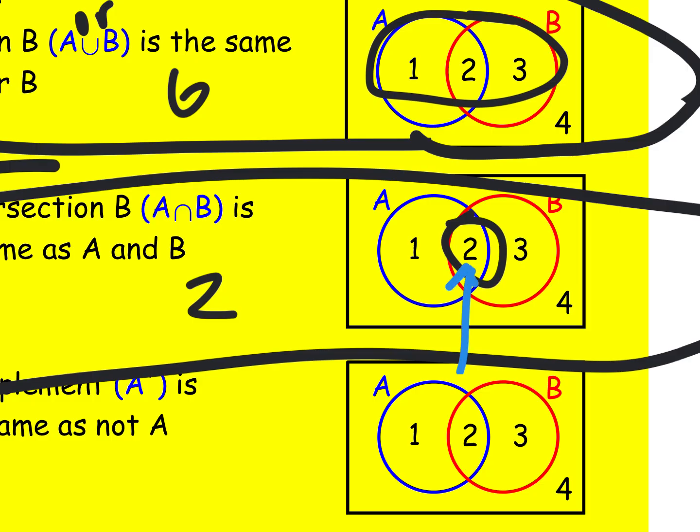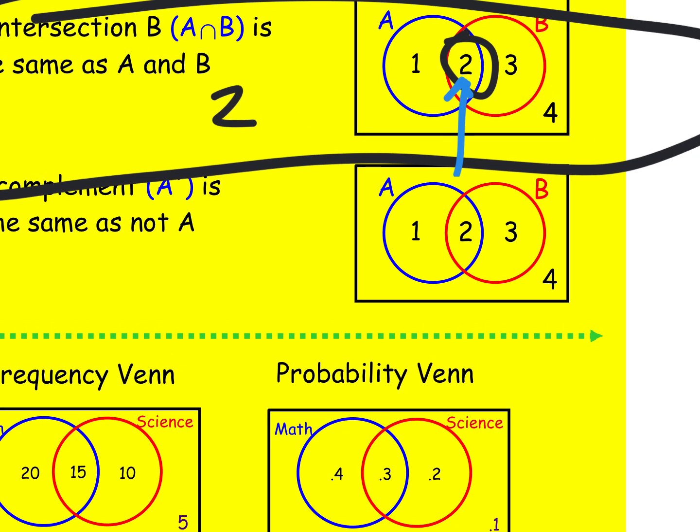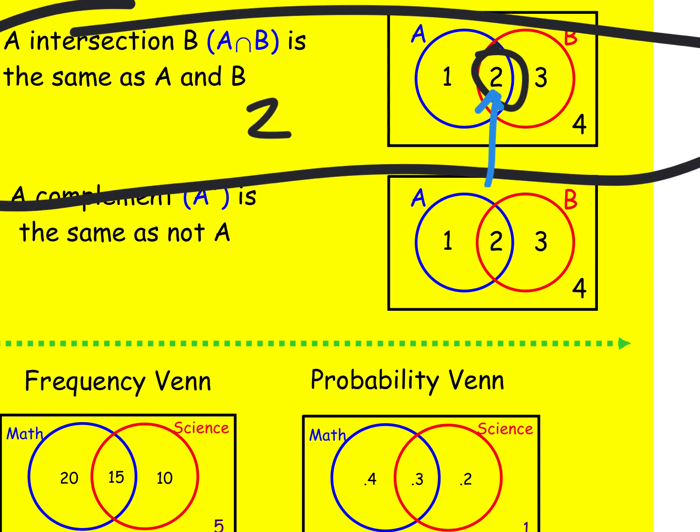Okay. All right. And how about complement A? By the way, it's the same as not A, but the word complement could be used on the test. What is the complement to A? It's like salt goes with pepper. It's not the salt.